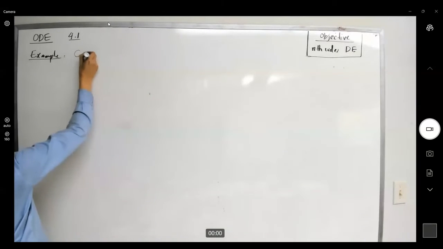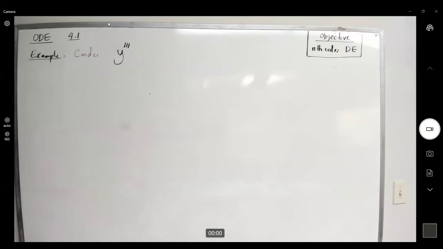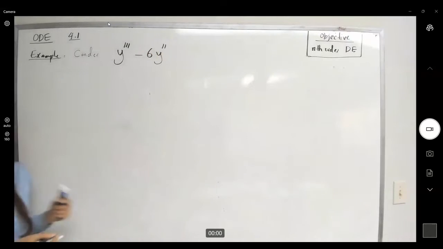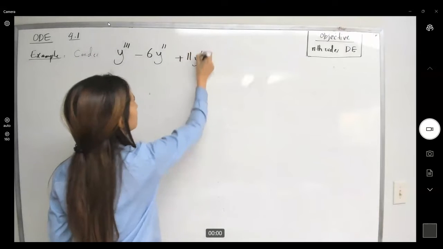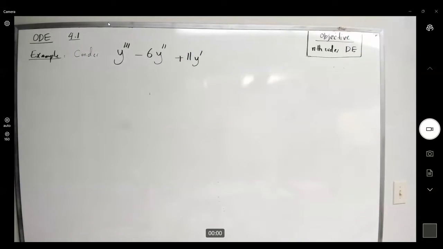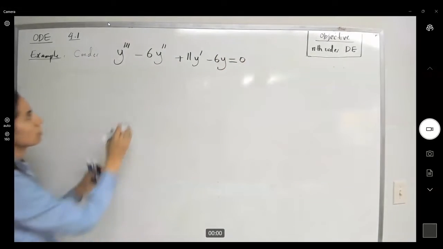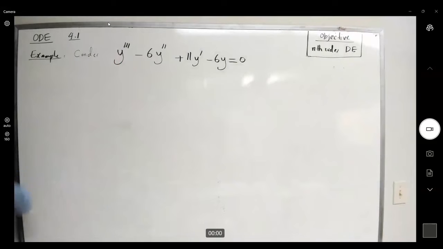Consider the following differential equation: the third derivative of y minus 6 times the second derivative of y plus 11y prime minus 6y equals 0. This is a third order differential equation.